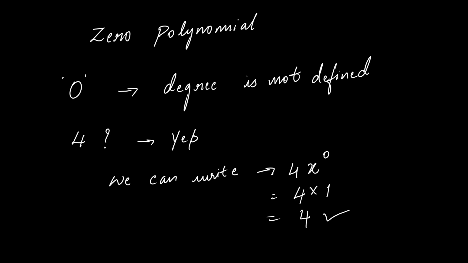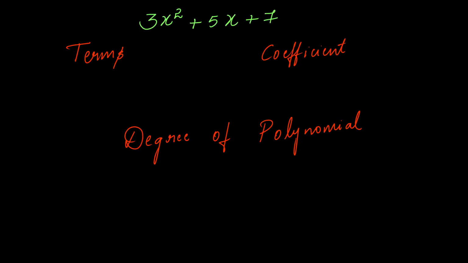By this, we can understand that a constant, a non-zero number, which is 4, 5, 6, is a polynomial, and the zero polynomial, so 0 is also a polynomial. The polynomial consists of these three elements, which are terms, coefficient and degree of polynomials.